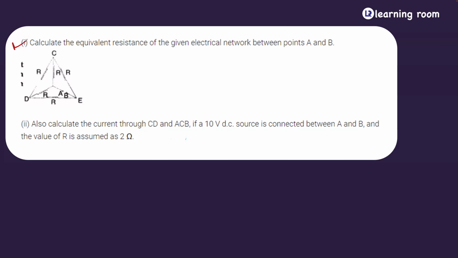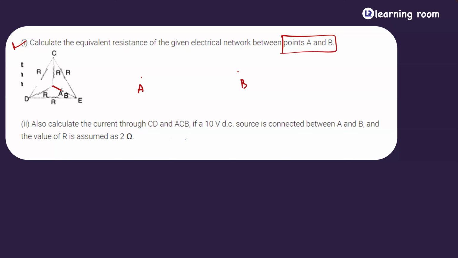So here they are asking between the points A and B. So I'll tell you how to solve. Listen, here you take point A, here you take point B. What you need to do is redraw the circuit. If I take this to be A, if there is a wire or resistor, I think there's a wire.